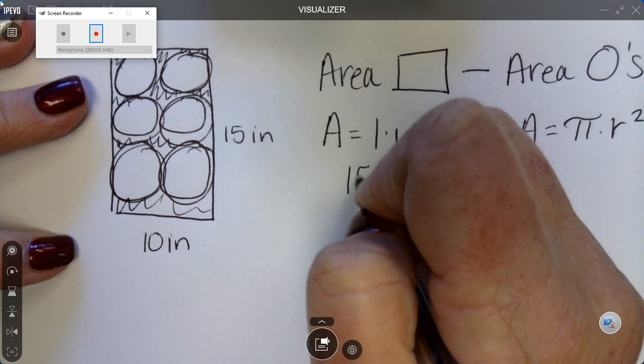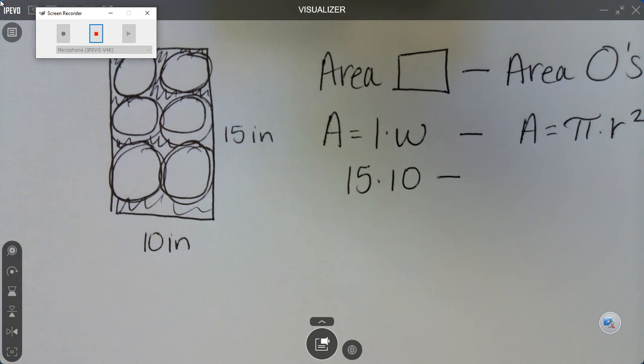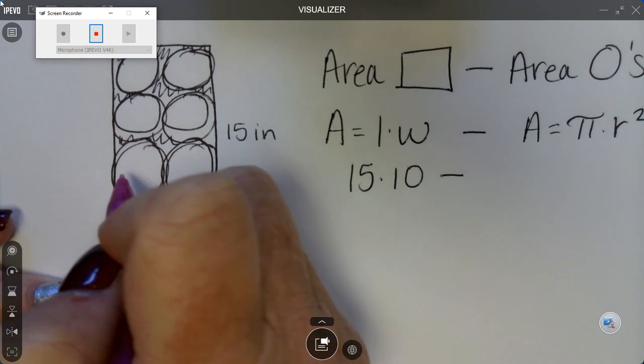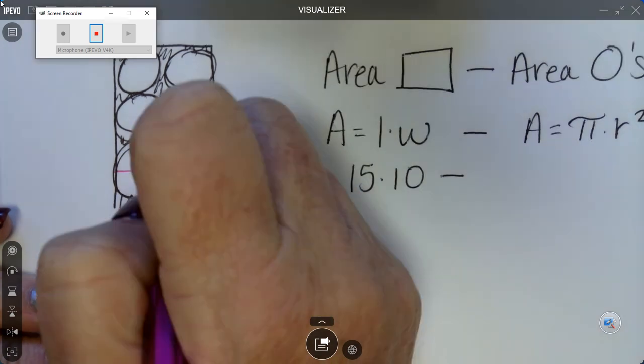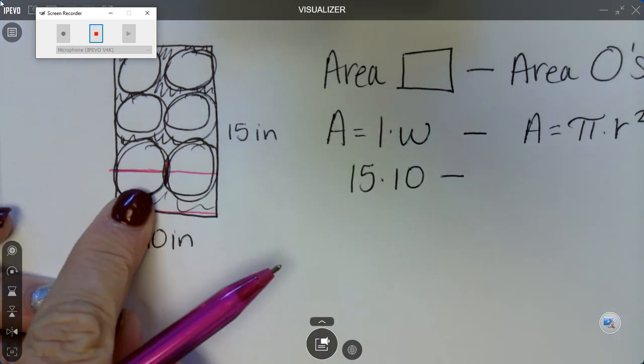Right? Now, oh, this is tricky because look. Okay, here's what we know. We know that from this side to this side, it's 10 inches. So from here to here is also 10 inches. So look at this. From here to here, what's the diameter of one of my circles? 5.